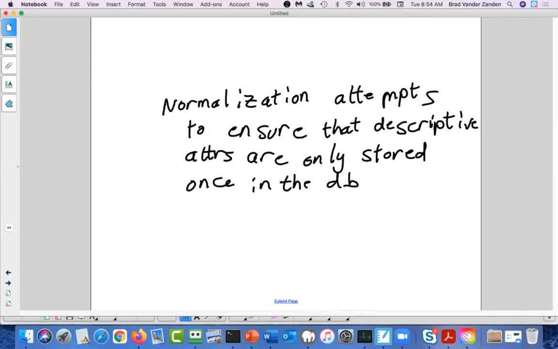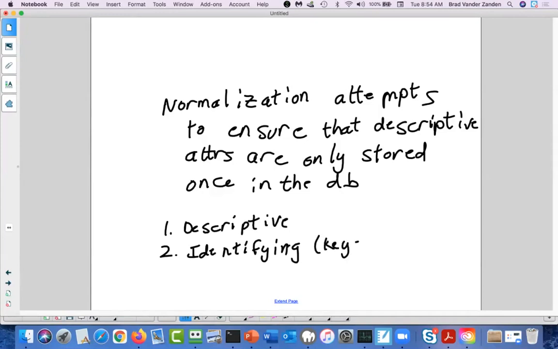So you'll remember I said there's three types of attributes. There's descriptive attributes, there are identifying attributes, which are essentially keys, and then there are linking attributes, which are foreign keys.